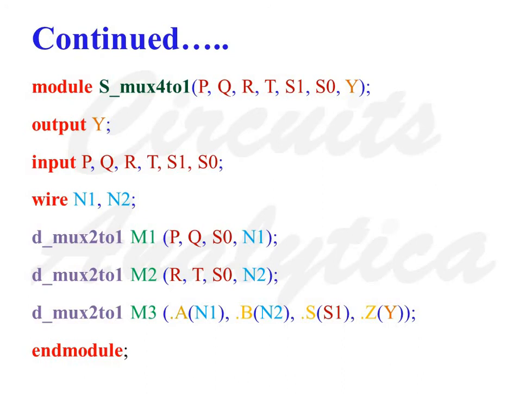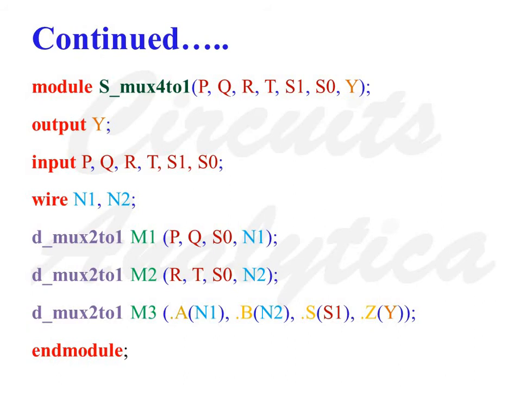The line input P, Q, R, T, S1, S0 specifies that the ports P, Q, R, T, S1 and S0 are input ports.